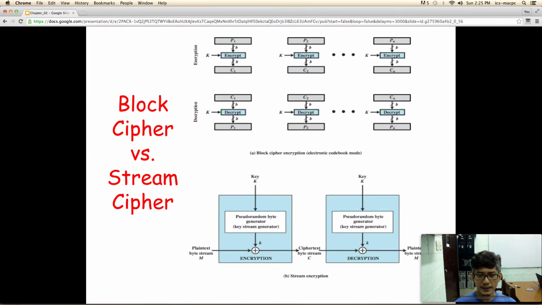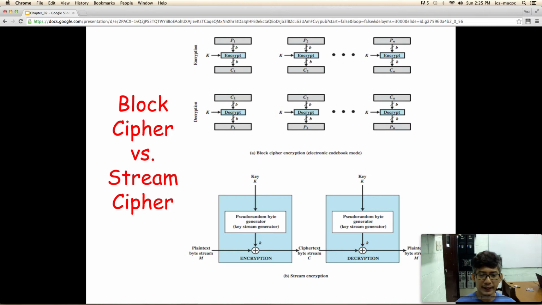Now another symmetric encryption approach is what we call the stream cipher. We discussed block cipher. The main difference is that block cipher processes the plain text in blocks of bits, as mentioned earlier. For example, DES 64 bits, for AES 128 bits.